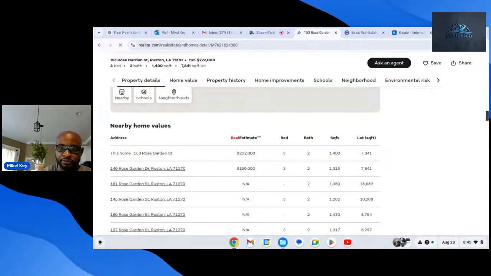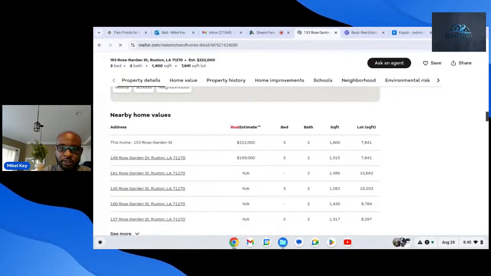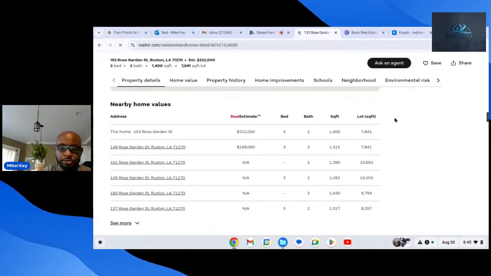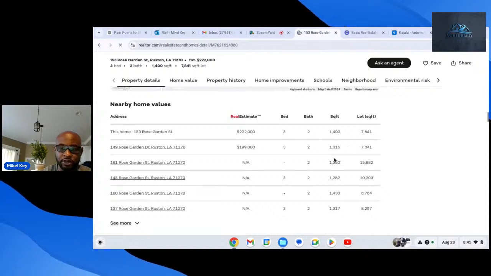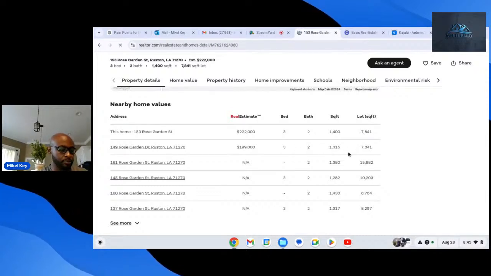Listen, it also gives you comps for your area. So as you can see, 149 Rose Garden, 3-bedroom, 2-bath, 1,315 square feet. If we play around with that number, we'll just do some basic math.